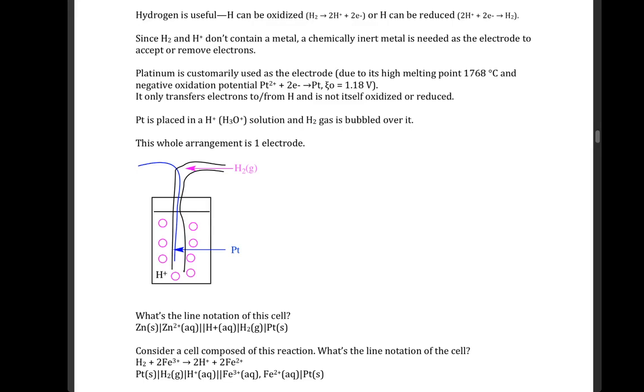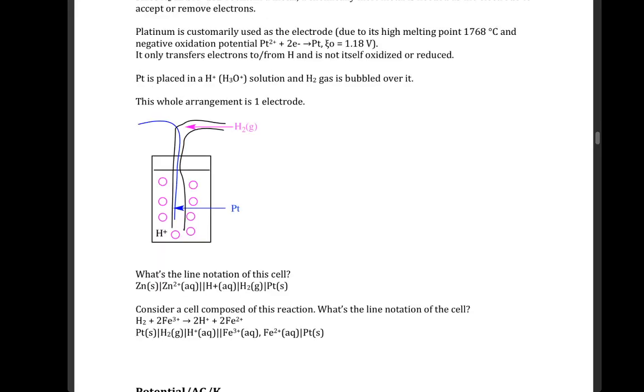So the inert metal that's used, usually platinum, only transfers electrons to or from the hydrogen and is itself not oxidized or reduced. The platinum is placed in that hydrogen ion solution and H2 gas is bubbled over it. This whole arrangement is one electrode, and it's the hydrogen electrode.